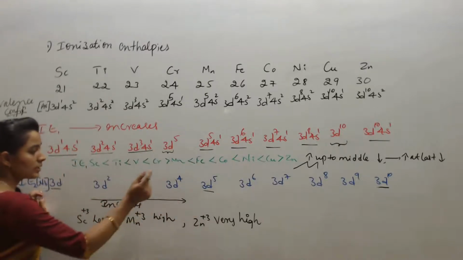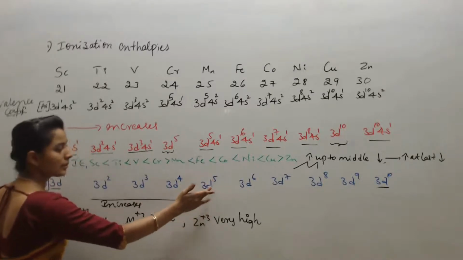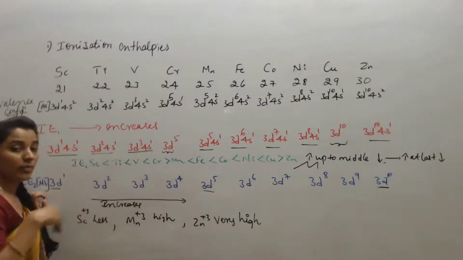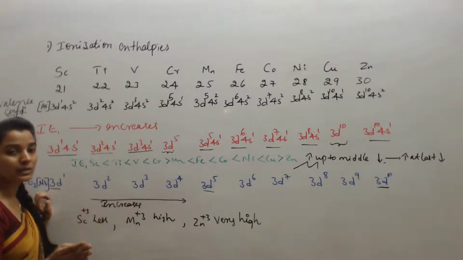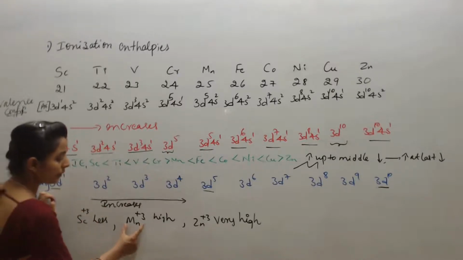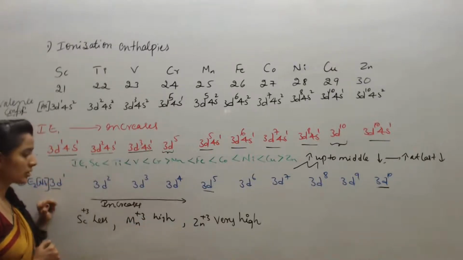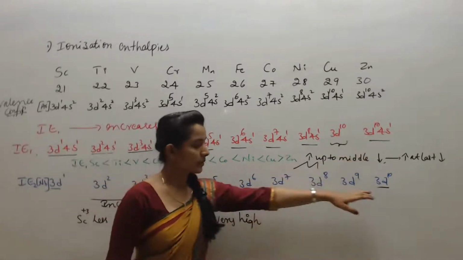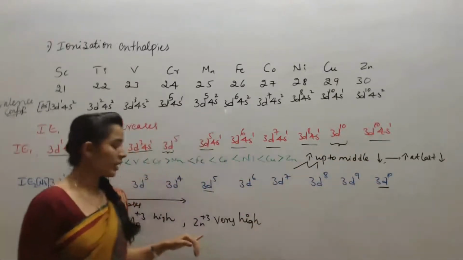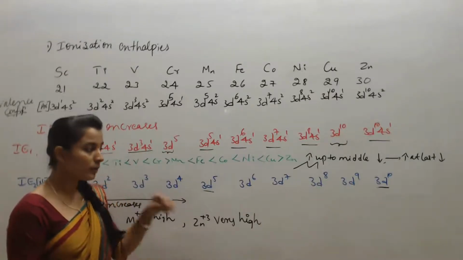Why? Because this is the stable configuration, which means we require much more energy to break that stability. That's why the M plus 3 ion has comparatively high third ionization energy. And the last one is zinc. Again, it increases up to zinc, and zinc has very high third ionization energy.